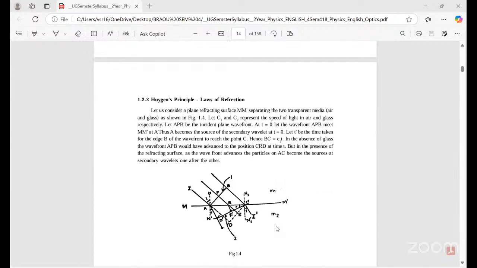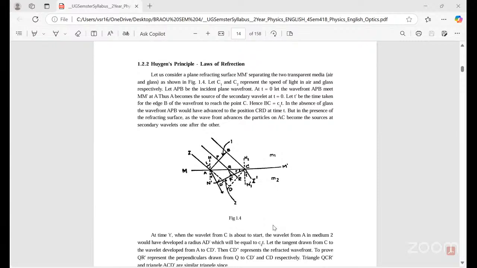The same thing applies to refraction. Refraction we have already discussed. Refraction means you observe the light ray incident and entering from one medium into another medium, and it bends at the normal.